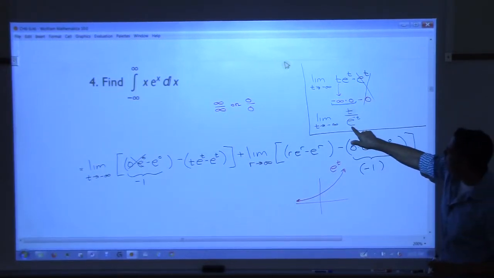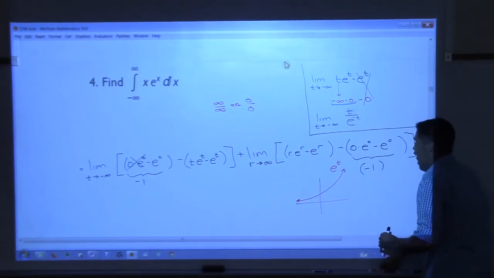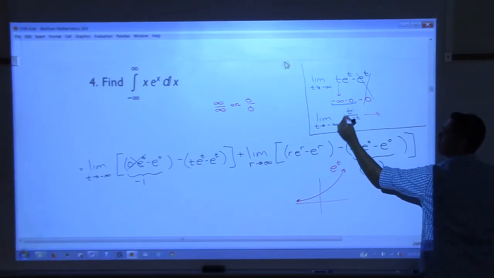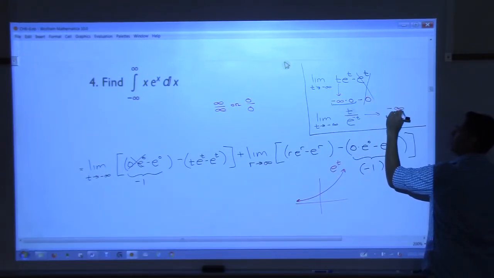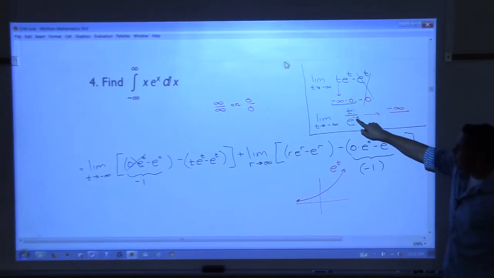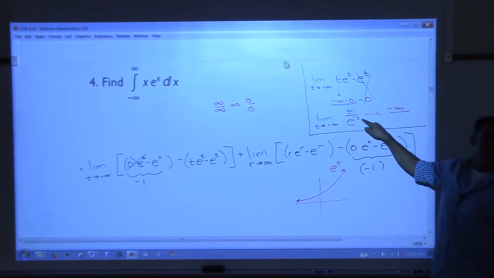So this right here, now I ask myself what happens when you take the limit. So this time in the limit, t goes to negative infinity. Top goes to negative infinity, right? Now what does the bottom do? That's negative t now, right? And we're plugging in negative infinity. So this is saying e to the positive infinity.